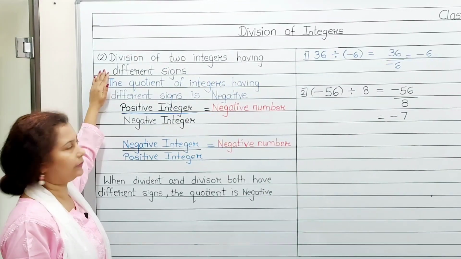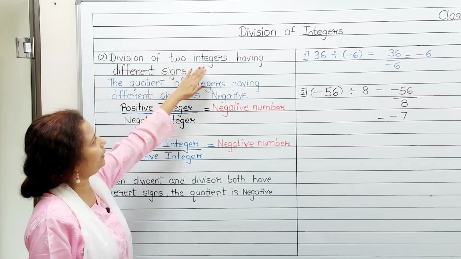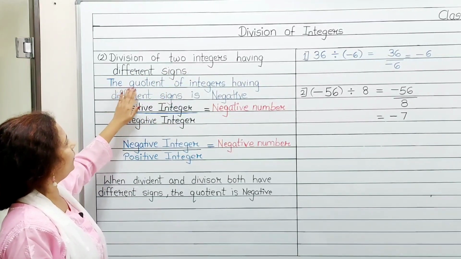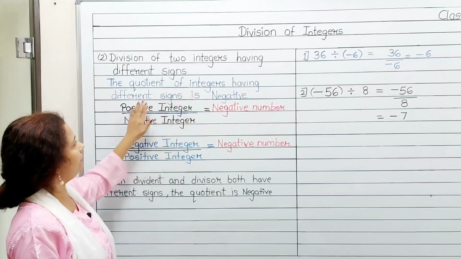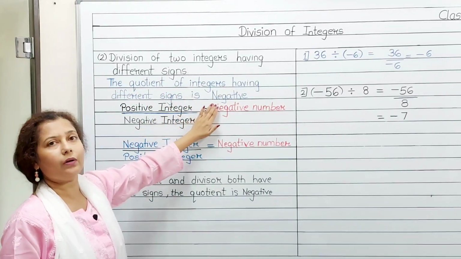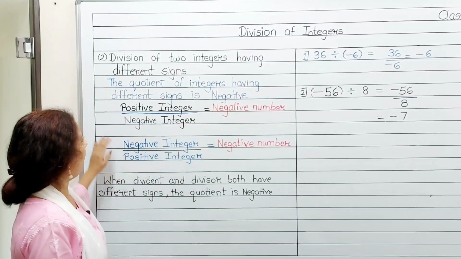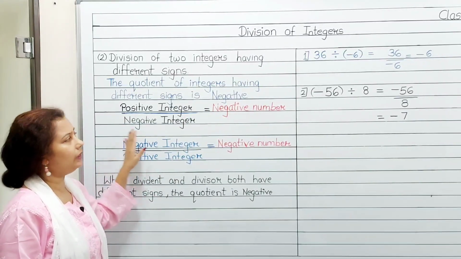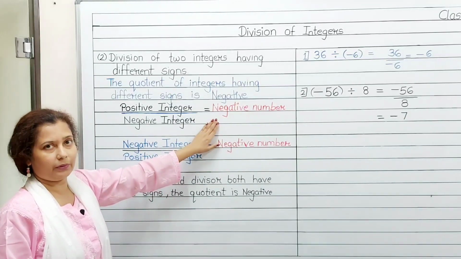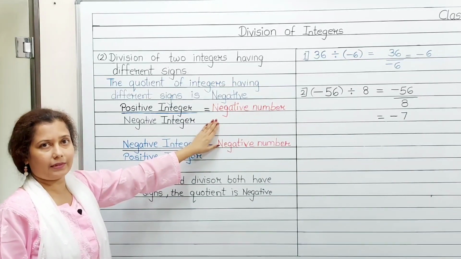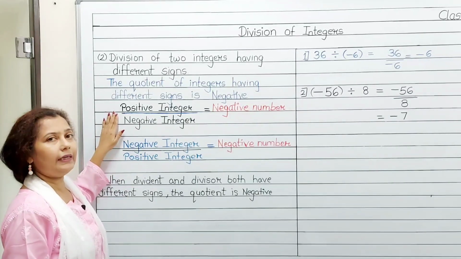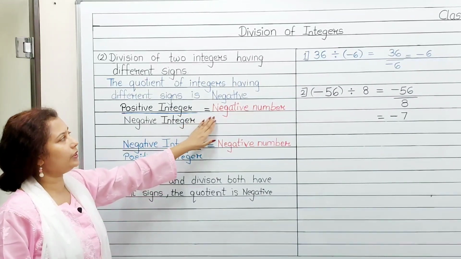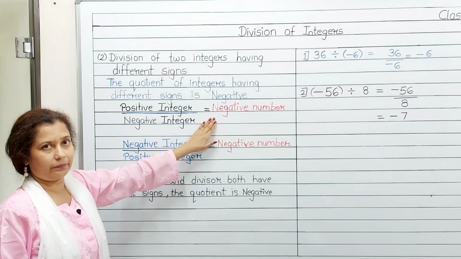Now the second condition: division of two integers having different signs. The quotient of integers having different signs is always negative. When we divide a positive integer by a negative integer, we get a negative number. In other words, when the dividend is positive and the divisor is negative, the quotient will be negative.